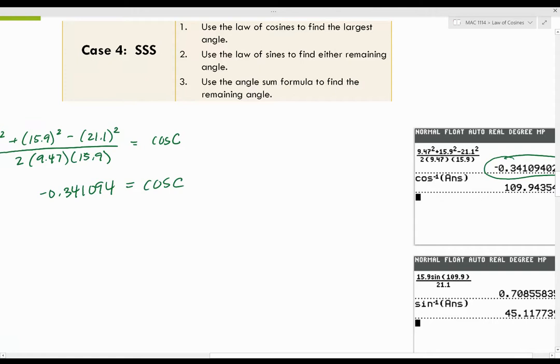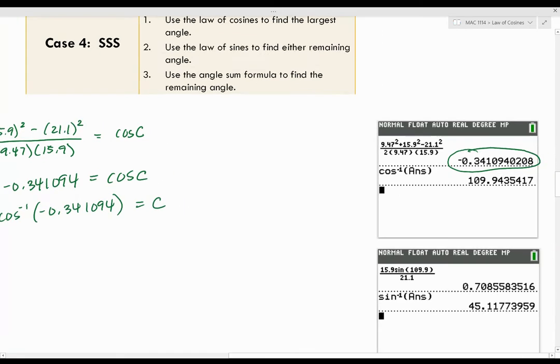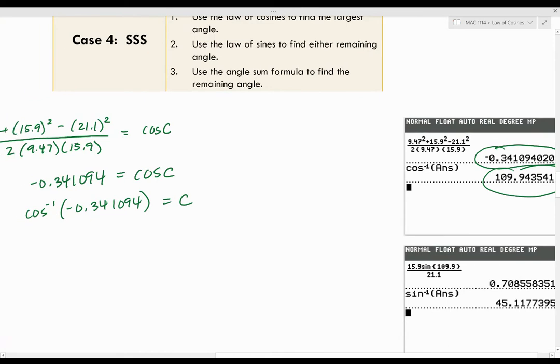Remember, we're actually looking for the angle, so I need to do the inverse. When I do the inverse, I get my angle measurement. And remember, for these problems, we're going to stay in degrees. So C is equal to 109.9 degrees.